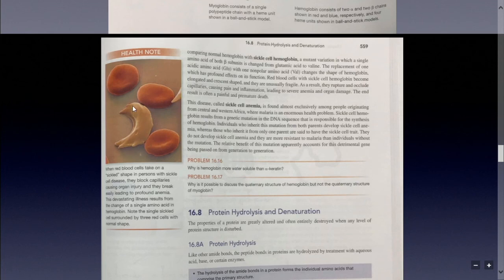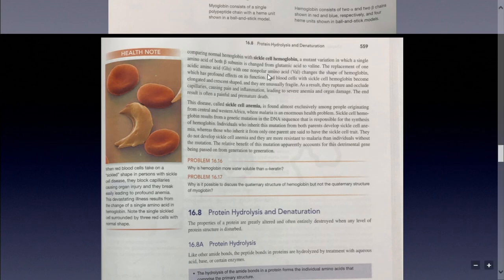The sickled shape means that the red blood cell has a funny shape like this because there's a mutation in the genes. So remember how we said DNA codes for making proteins. That's the next macromolecule, by the way, that we're going to look at: DNA. And DNA, its only function is to be translated into certain polypeptide sequences or amino acid sequences.